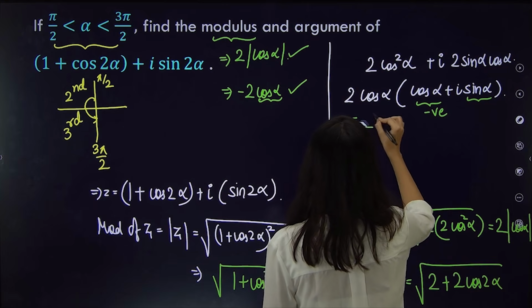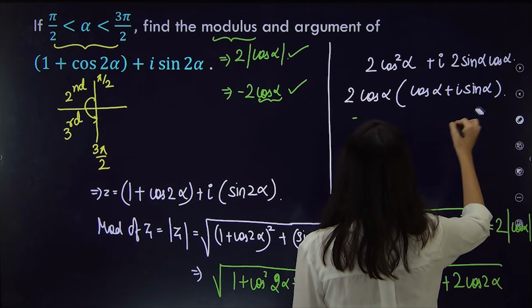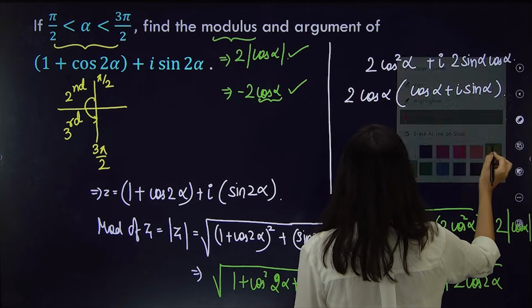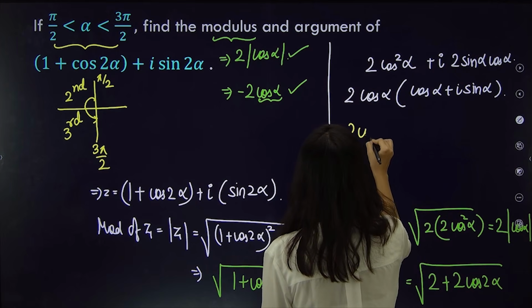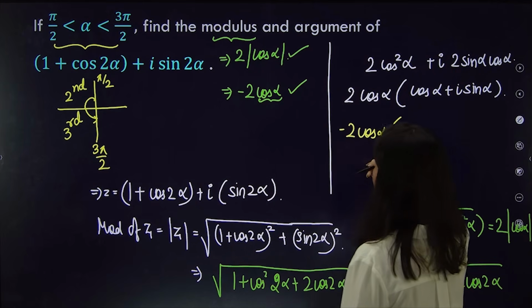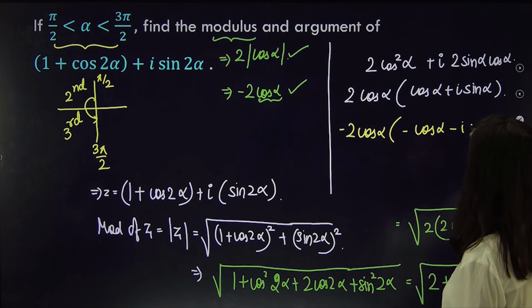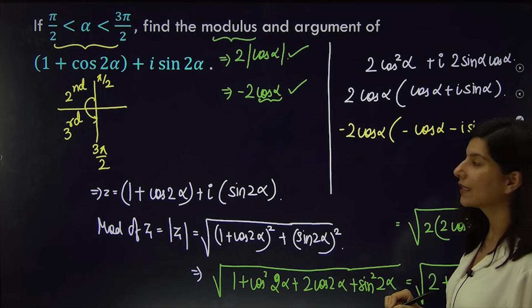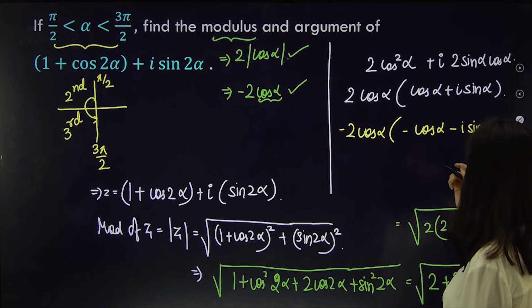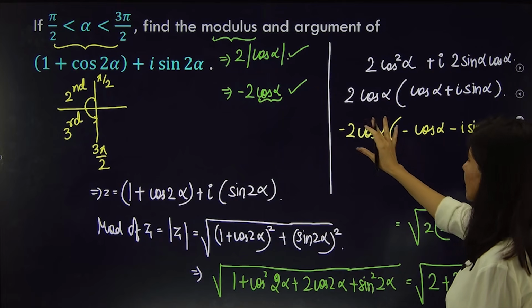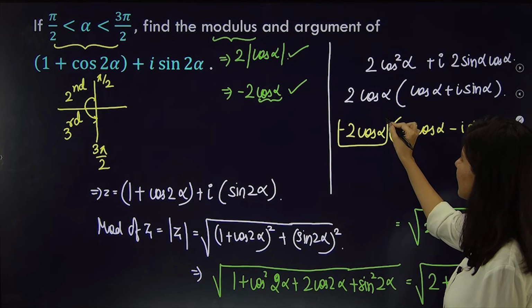Oh, hold on. Let's do one thing. Because we know 2 cos alpha is negative, why don't I take the minus sign common? Now minus 2 cos alpha, this one is positive, right? This is minus cos alpha minus iota sin alpha. Correct? Now let's forget this.